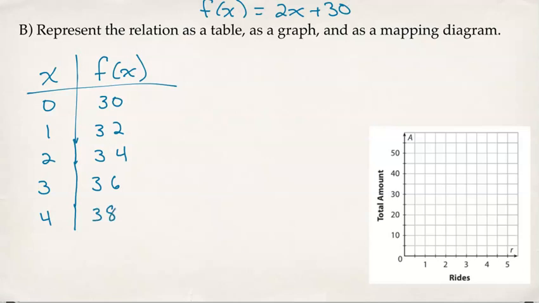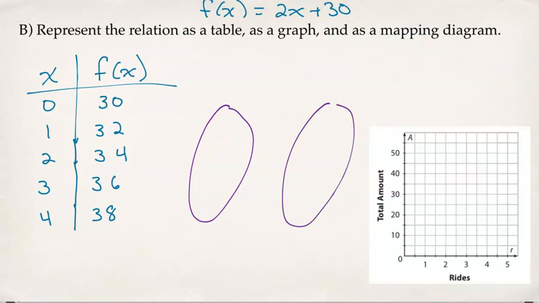A mapping diagram takes my domain and maps it to my range. So in my domain, I've restricted it to 0, 1, 2, 3, or 4 rides. That's it. That's all the fun I'm allowed. And then that means my range is going to be $30, $32, $34, $36, $38.